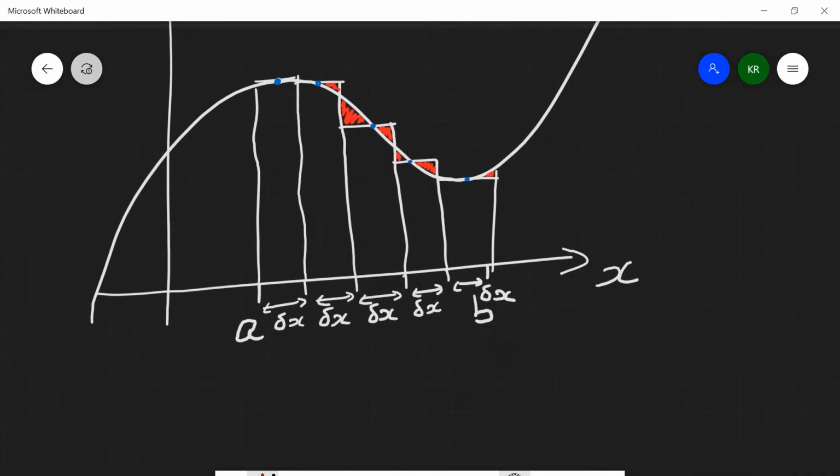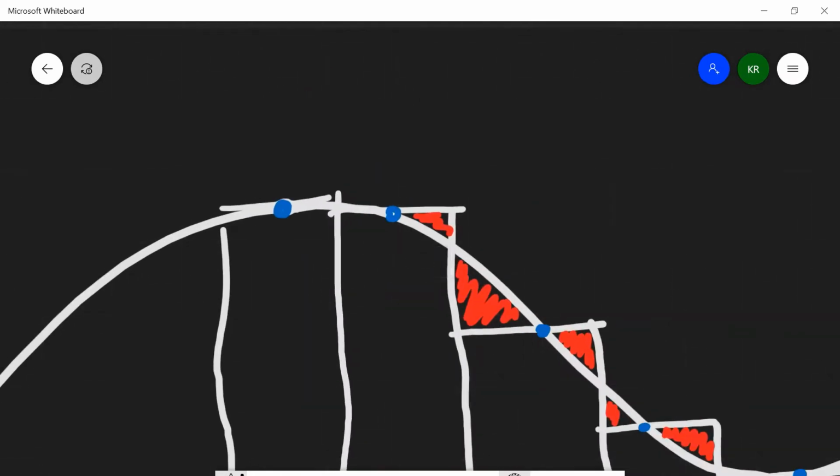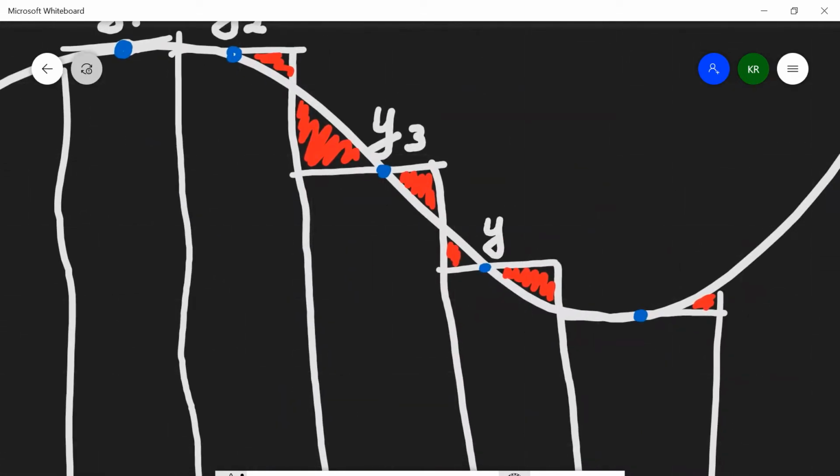Okay, now let's call the y coordinates of these blue points of intersection y1, y2, y3, and this one y of n minus 1. So we skip a few in the middle there. And let's call this one y of n.